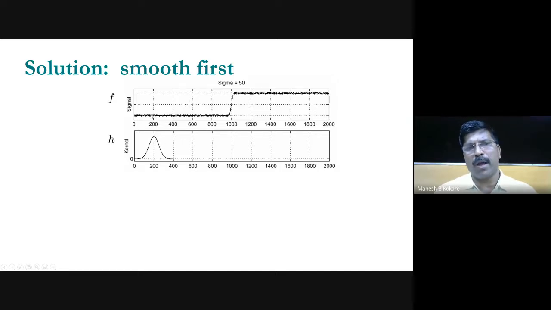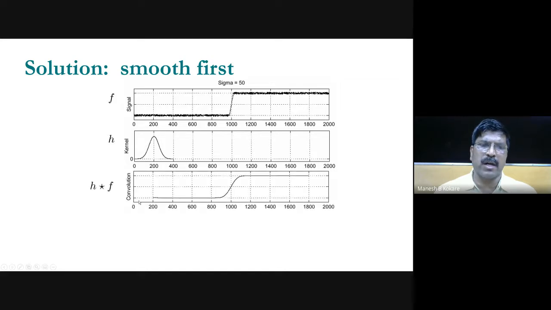If you apply a Gaussian filter, or convolve this H function with this F signal, which is the edge profile of the image that is noisy, what kind of output will you get? When you convolve F with H, the noise will be removed, and you will get a very smooth edge profile of this image. After that, if you apply a high-pass filter, that is the derivative operation.